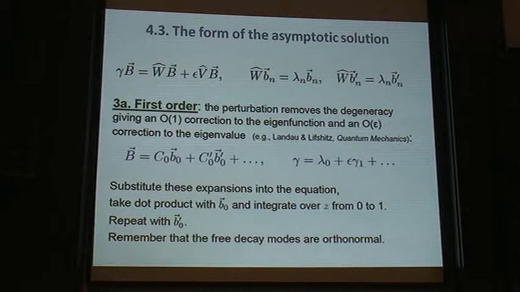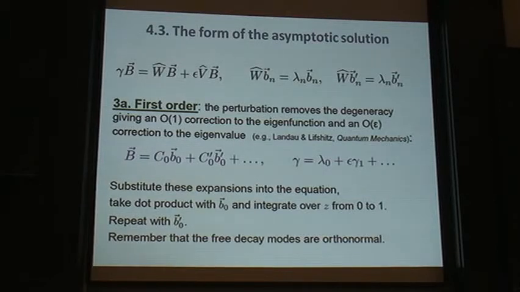It is equal to C naught integral from 0 to 1 of B naught dotted with V B naught dz, plus C naught dash integral from 0 to 1 of B naught dotted with V B naught dash.